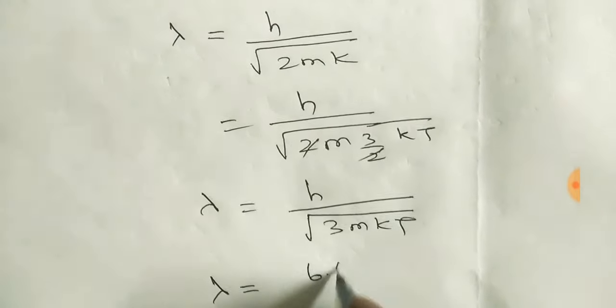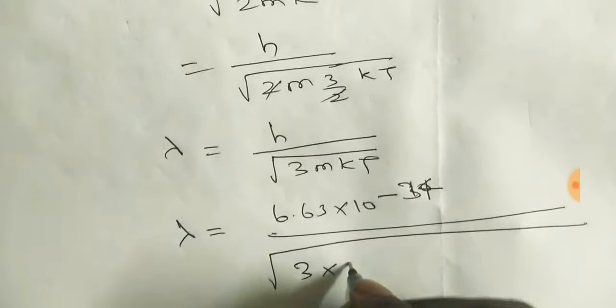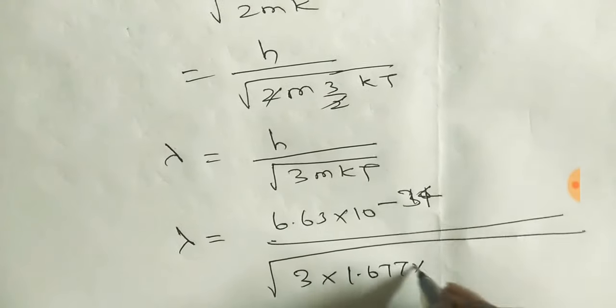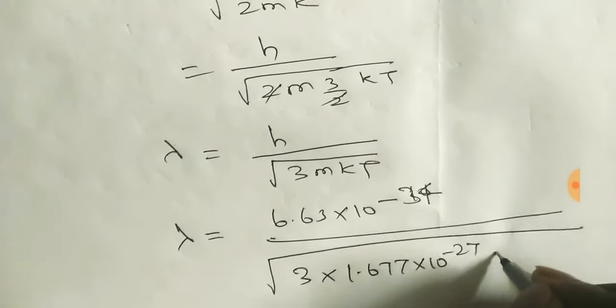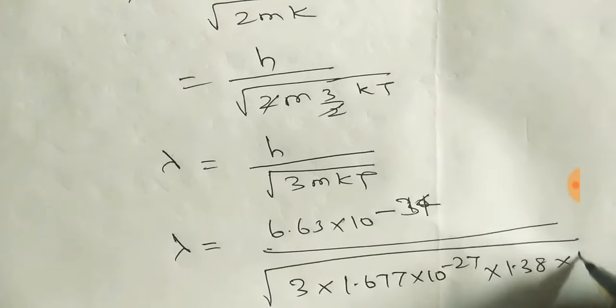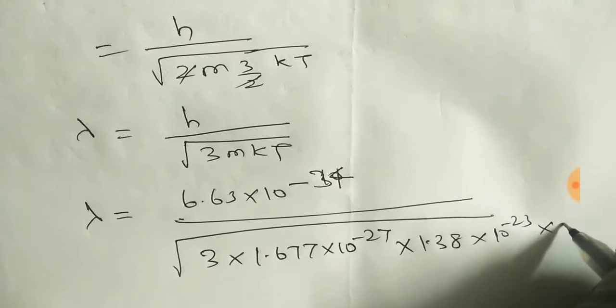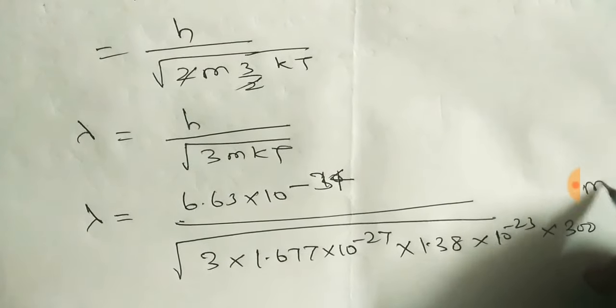Substituting the values: 6.63 into 10 power minus 34 divided by root of 3 into 1.677 into 10 power minus 27 into 1.38 into 10 power minus 23 into 300 meter.